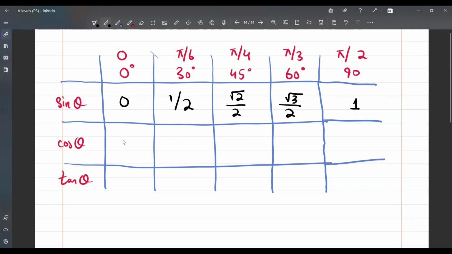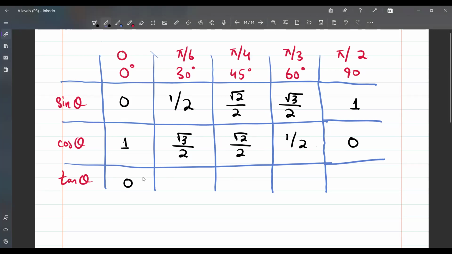Cos 0 is 1, and cos 30 or pi upon 6 is under root 3 upon 2, and cos 45 is under root 2 upon 2, and cos 60 or pi upon 3 is 1 upon 2, and cos 90 or pi upon 2 is 0.